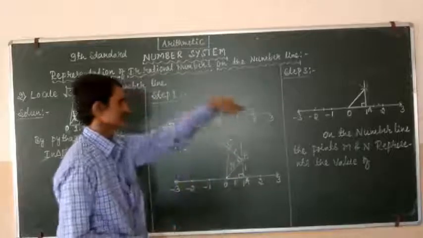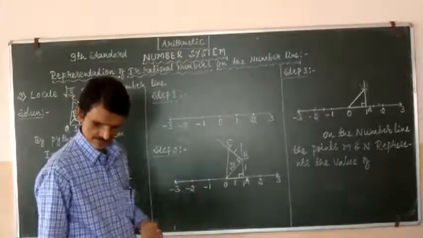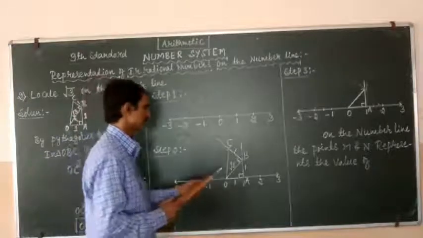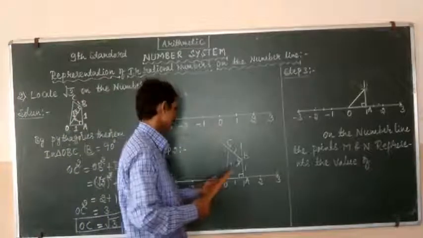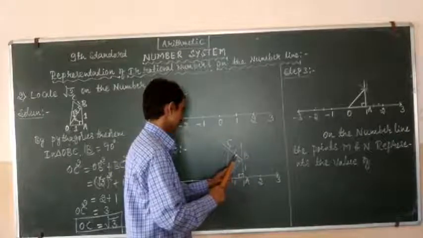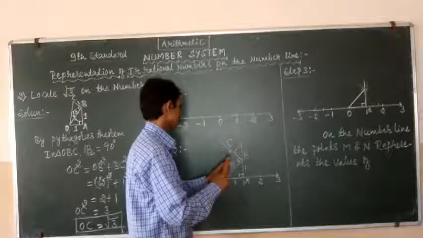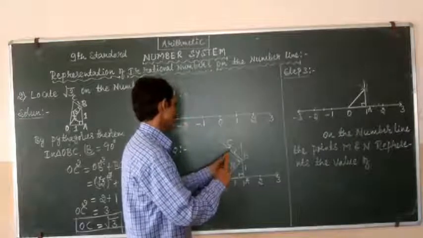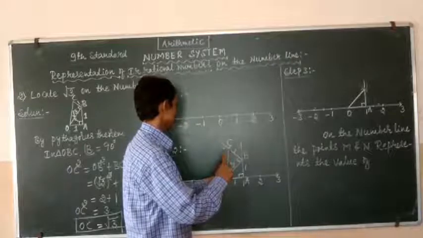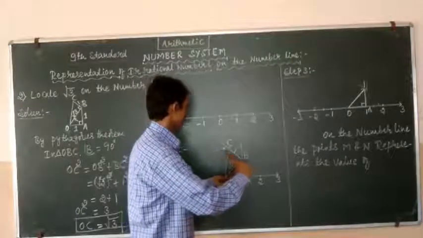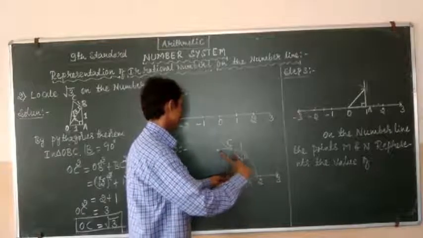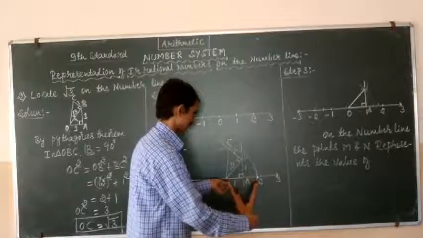Similarly, the third step is very simple. I will show it here. Now we have to take the length equal to OC and draw an arc to the right side.